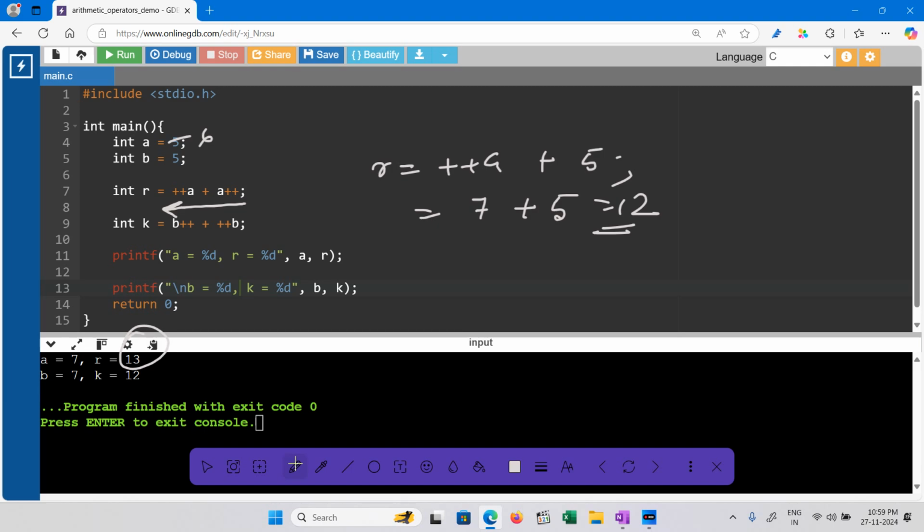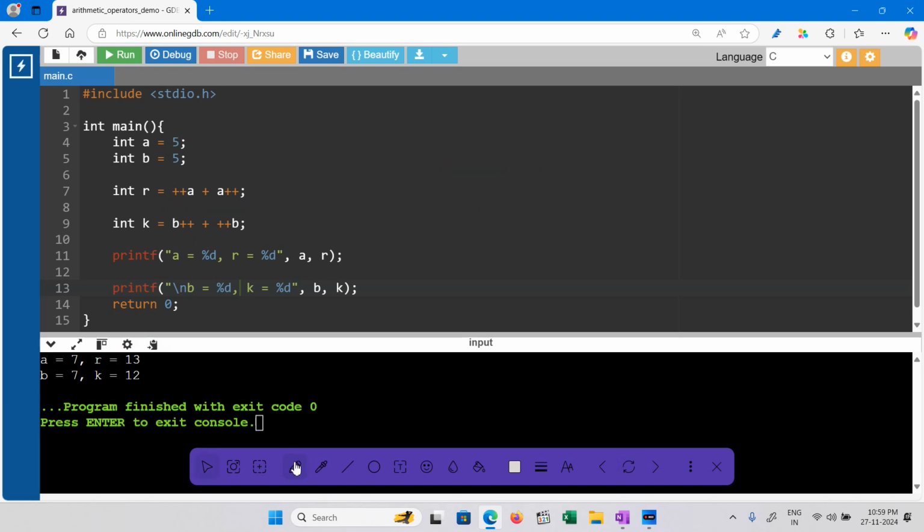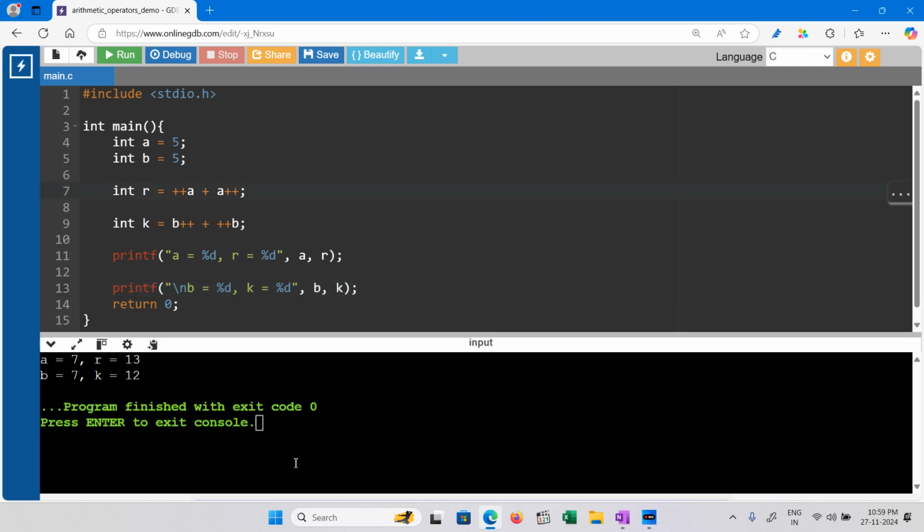So if your expression becomes more complex, arithmetic increment and decrement will make your life miserable. You cannot calculate the value. Even it depends on the compiler. Some compiler will give some value, some compiler will give some other value.